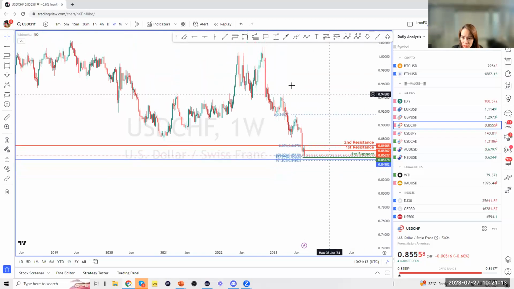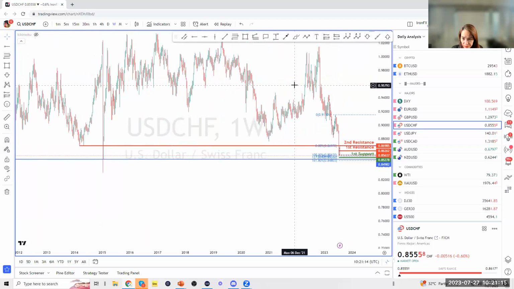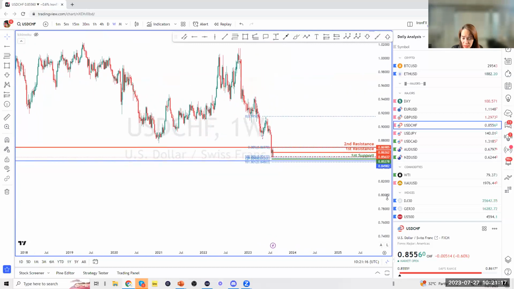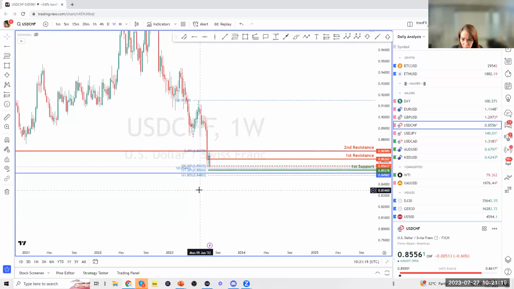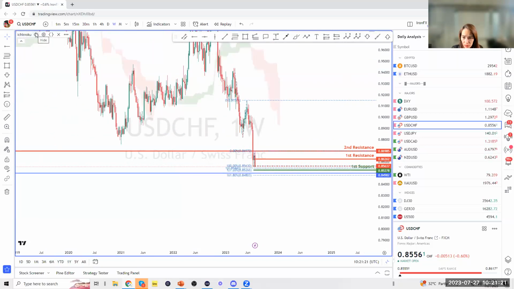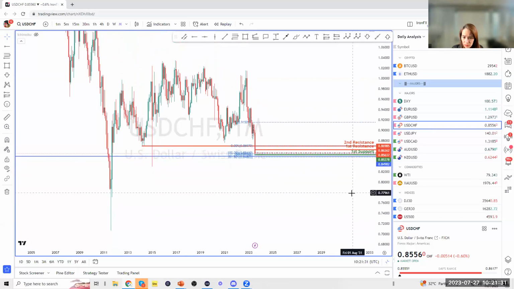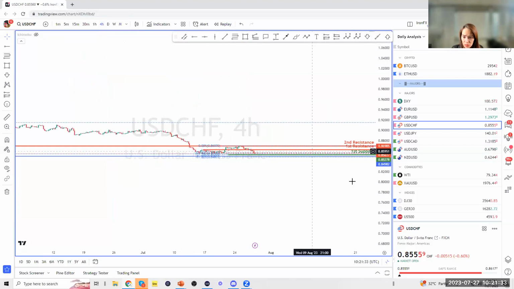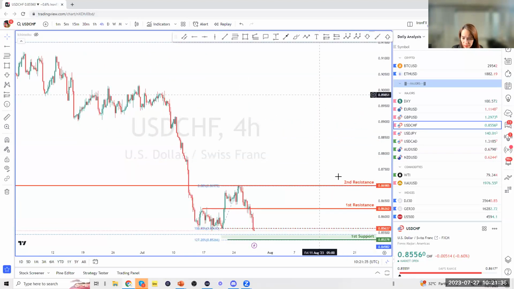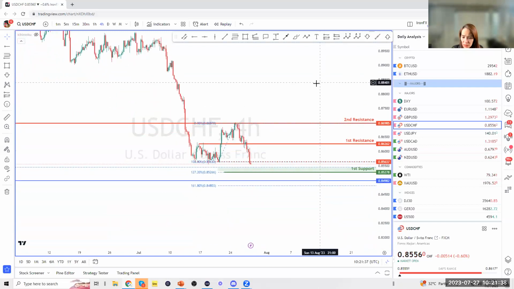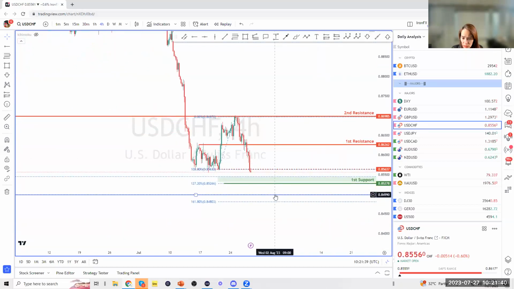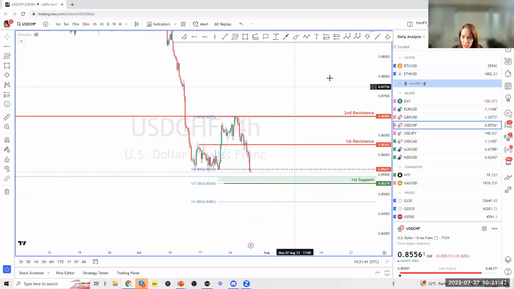Even now if we look at the weekly, it also has very strong bearish momentum as well. Okay, you can see that price is still below the Ichimoku cloud. Yeah, so just watch out for this here. But again, if there is no level or no entry, just don't trade.